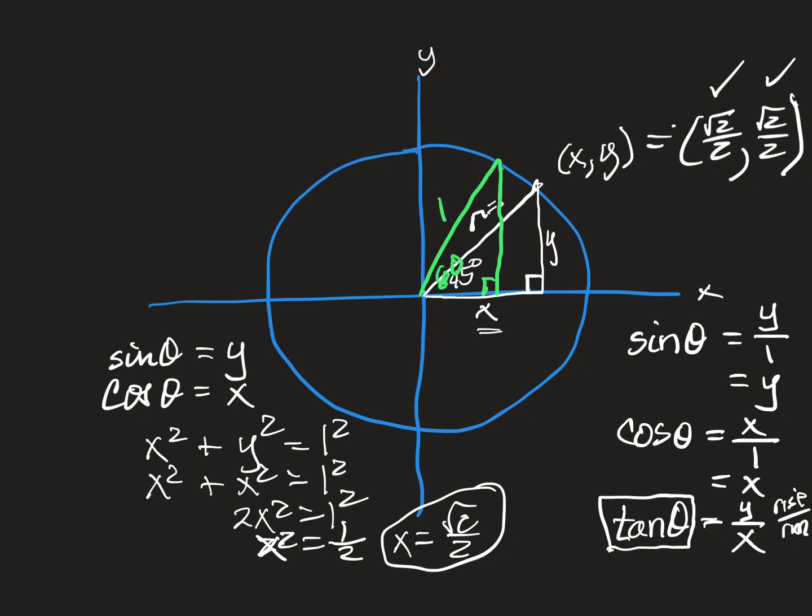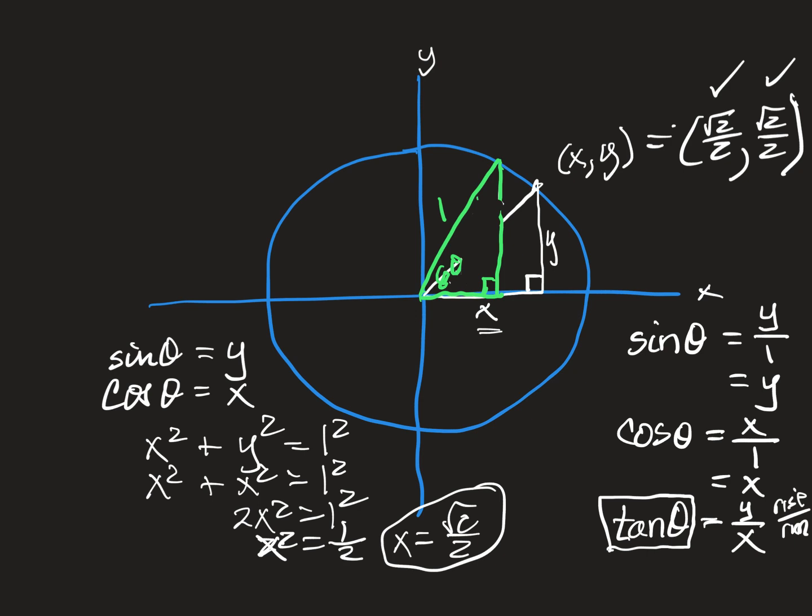Radius is still 1. Okay. Let me erase a little junk here that's in the way, just so we can see it. Okay, so there's our 60-degree angle, but the hypotenuse is 1. Our triangle is right there.